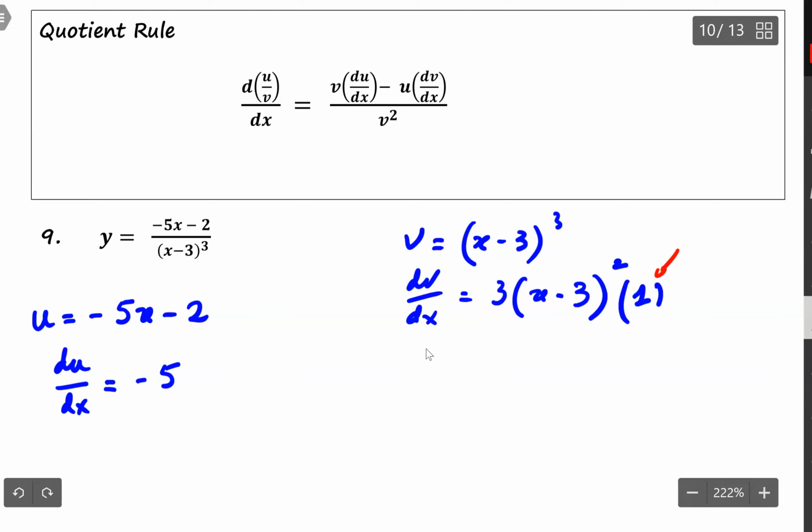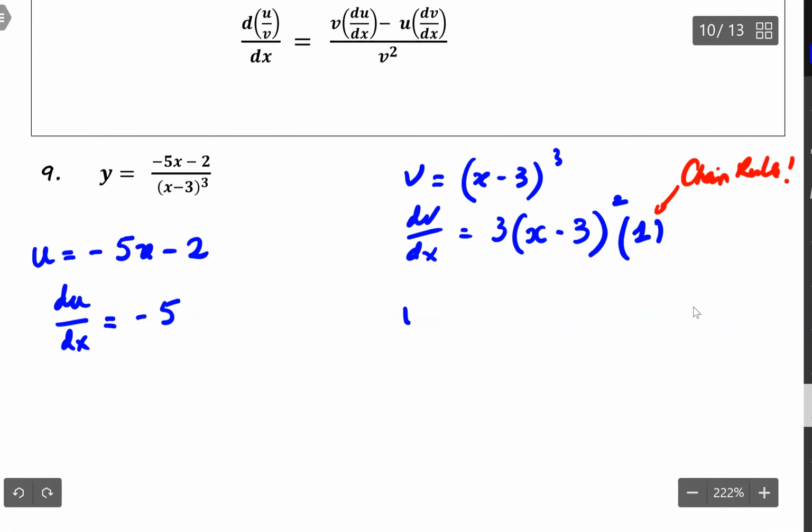The derivative of x is just equal to 1. Let me correct this to make sure I write the x. You don't need to write this number 1, but I write it to remind everyone that we apply the chain rule.